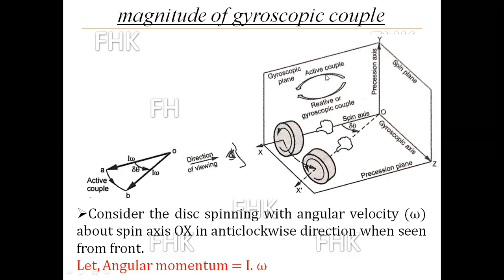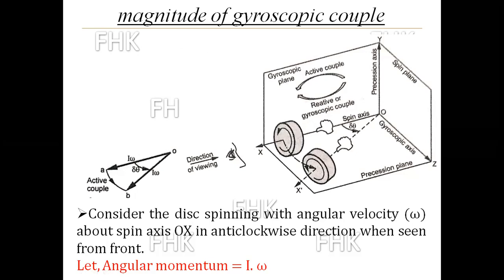To compensate that active couple, the force you apply is a reactive or gyroscopic couple, which you can see in the third mutually perpendicular plane, called the gyroscopic plane.